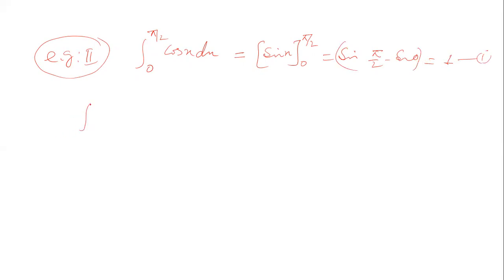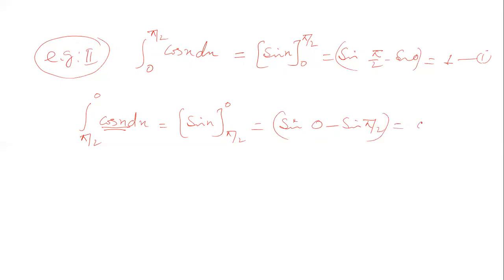Now on interchanging the limits, the integral of cos x dx equals the integration of cos x, which is sin x, and substitute the limits. It would become sin 0 minus sin pi by 2. Sin 0 is 0 minus 1, that is minus 1. So the integral from pi by 2 to 0 of cos x dx equals minus 1, minus will remain as it is.